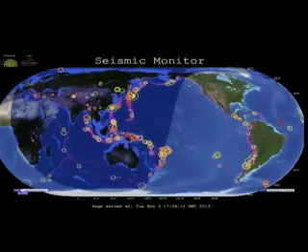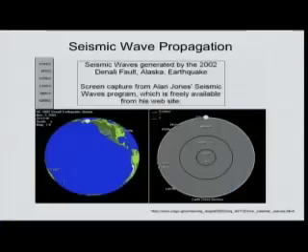You can see that there are a lot of earthquakes. The red circles are from today, orange are from the last 2 days, and yellow ones are from the last 2 weeks. So you can see that there are plenty of earthquakes for us to study. These earthquakes are going to act as our source, just like the X-ray source, and they're going to generate seismic waves instead of X-rays.